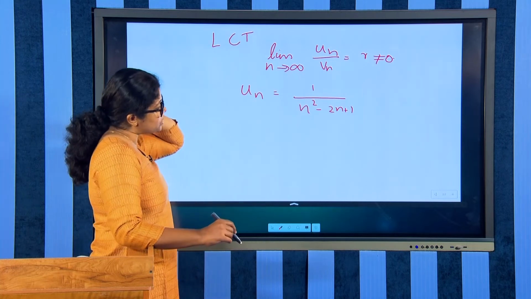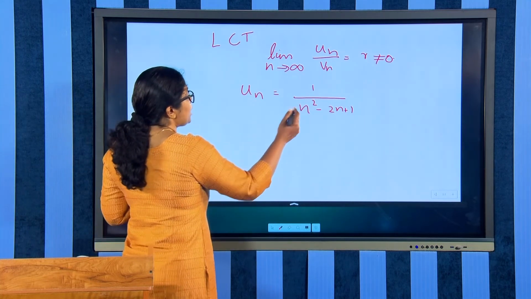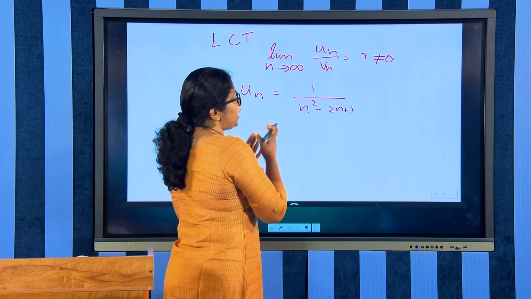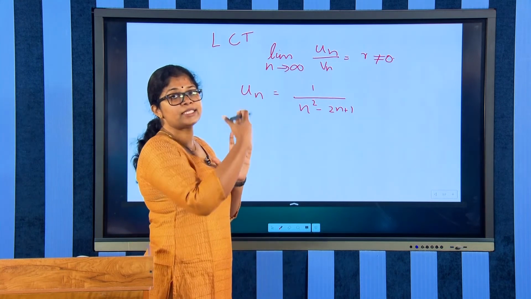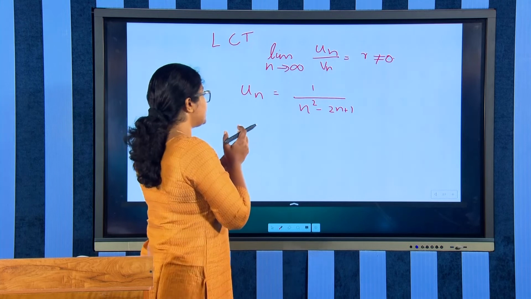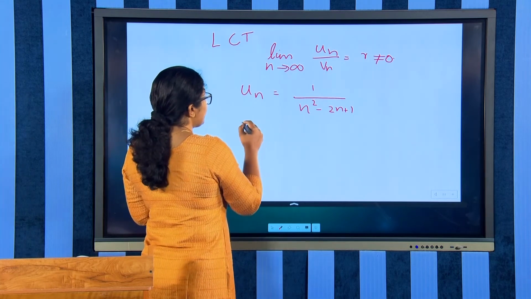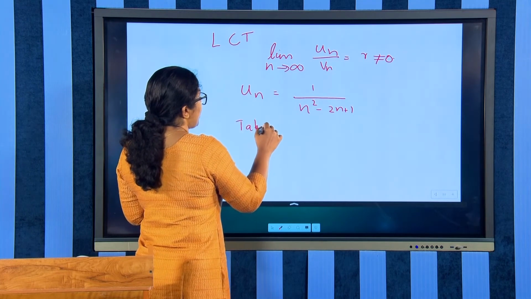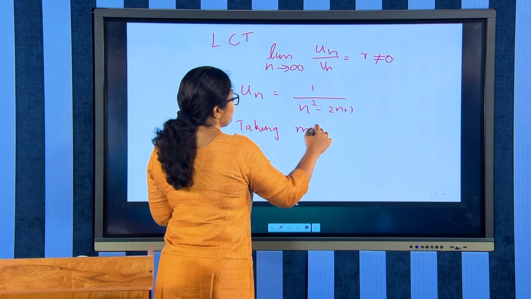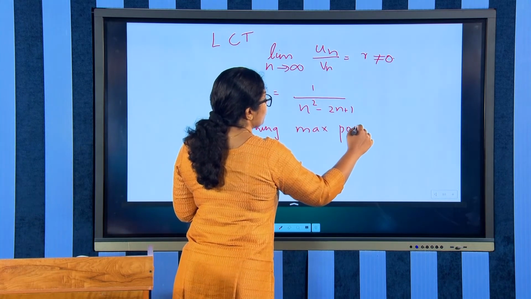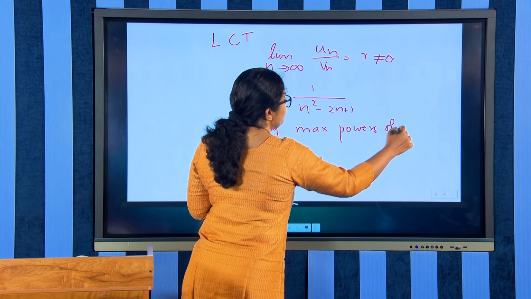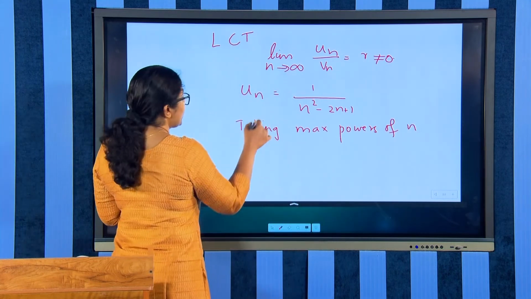The technique that we use is to take out the maximum powers of n both from the numerator as well as the denominator.